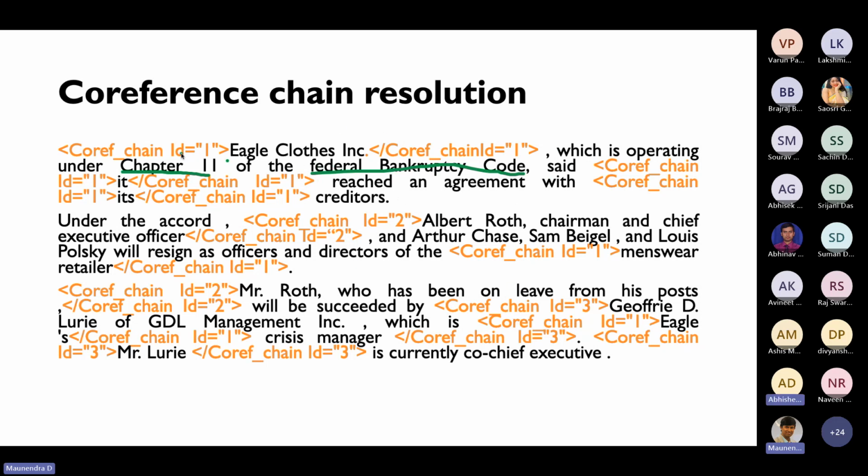It says chain one contains Eagle Clothes Corporation, then the retailer. These are co-references. Then you create a set with these entries, essentially that chain.